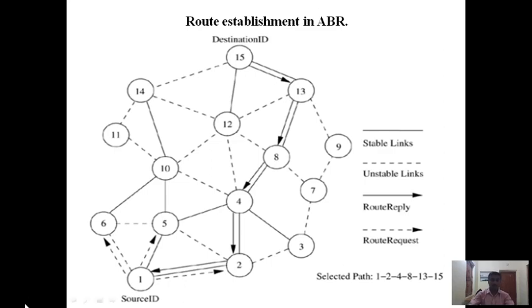So the source node floods the route request packets and all the other nodes accept them, and one by one they are distributed to all the nodes. The destination node will respond with a route reply message. Then source and destination establish the path and transfer the data between them.